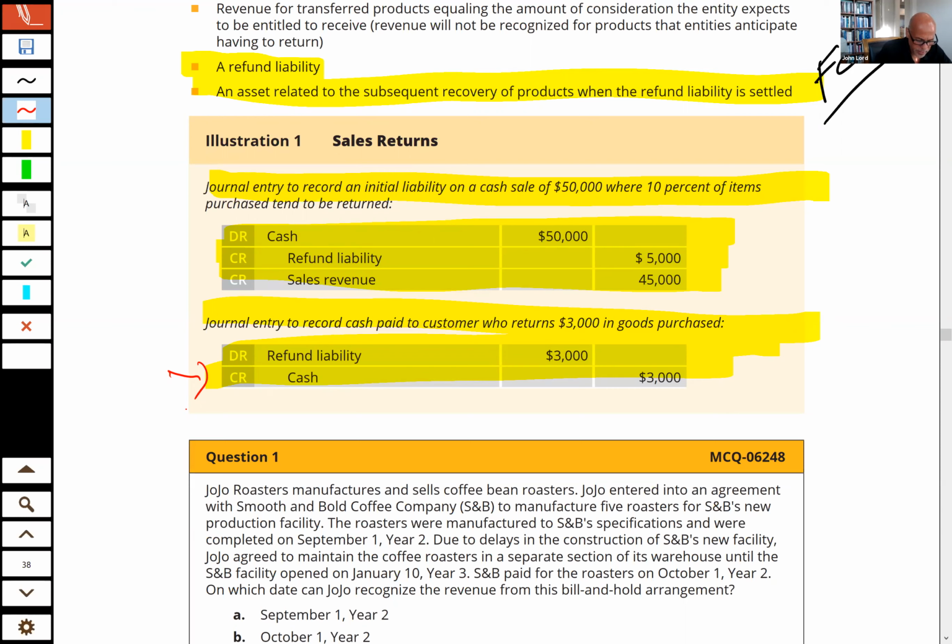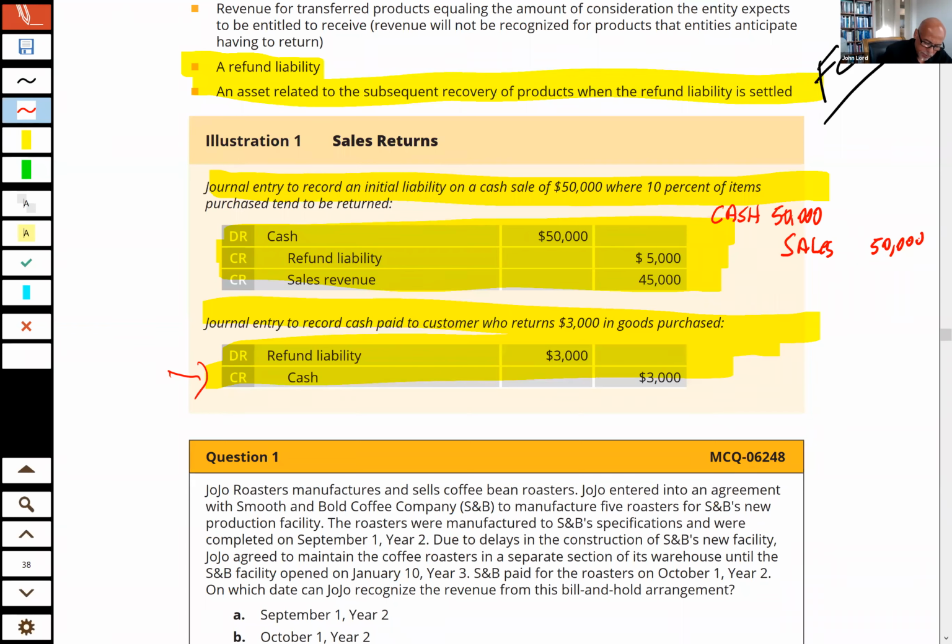So the way I would have thought this would have been done would be to debit the cash for the 50,000. Obviously, we agree on that. And then I would have gone ahead and just credited the sales gross for 50,000.